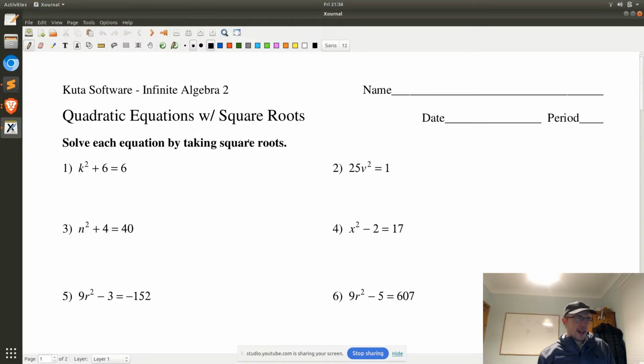Let's do it. Take 6 from both sides. K squared equals 0, so K is just simply 0.